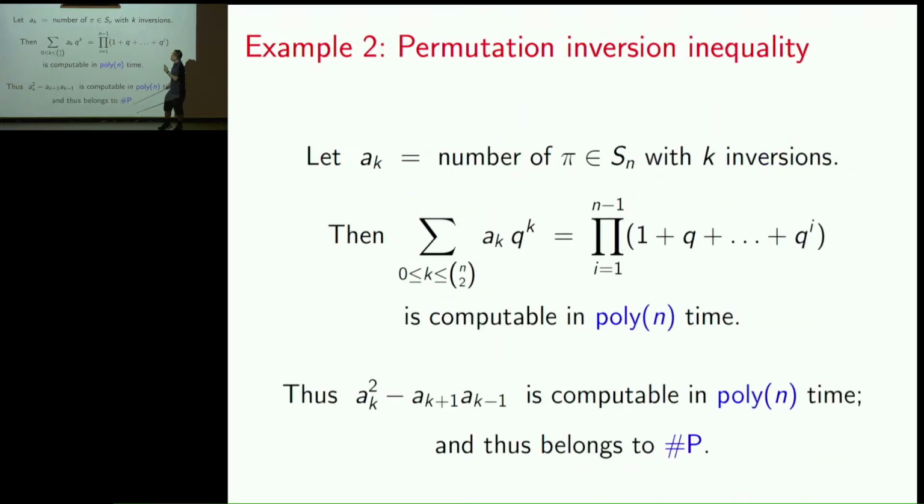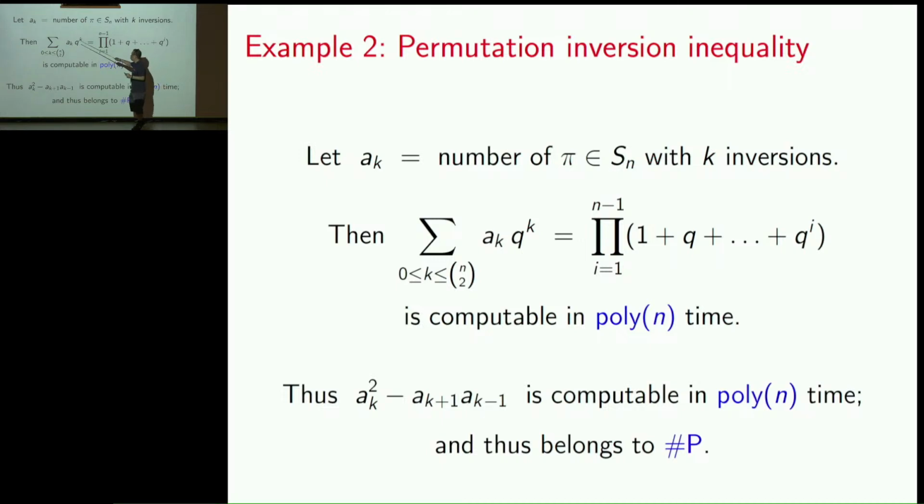Okay? Second one, the permutation inversion. This one, there's also an injective proof by Miklos Bona in 2012, but there's actually an easier way to see why this belongs to sharp P. The way to see that is that these coefficients have this nice generating function. In particular, you can use this formula to compute every single one of these coefficients in polynomial time.